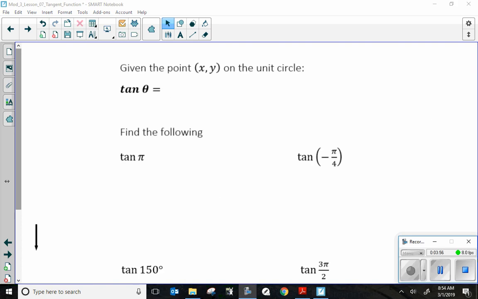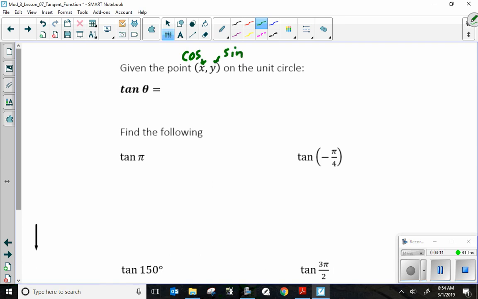So now let's apply some of this stuff. If we're given a point, which is x and y, on the unit circle, okay, let's not forget x is cosine and y is sine, right? Then the tangent of that angle that goes through that point, well, tangent in trigonometry terms is the same thing as sine over cosine.